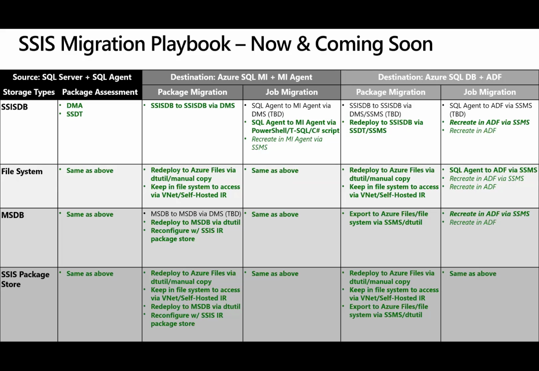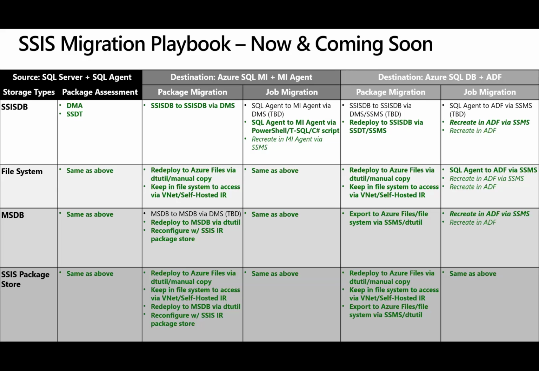So in this case, let me take one example. If you have your packages stored in SSISDB in SQL Server, you can use DMS to do a batch migration from SSISDB in SQL Server to SSISDB in MI, right? Another example: if you have your packages stored in MSDB, DMS does not do the migration from MSDB to MSDB yet, but you can actually redeploy to MSDB in Azure SQL Managed Instance using dtutil.